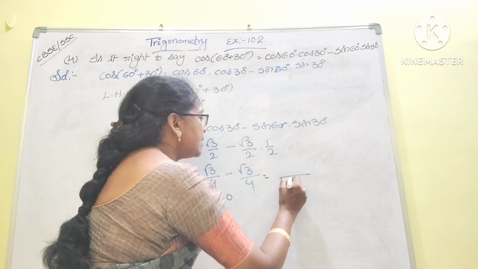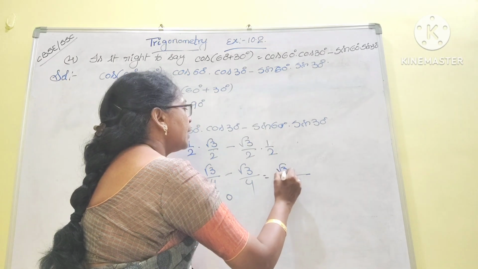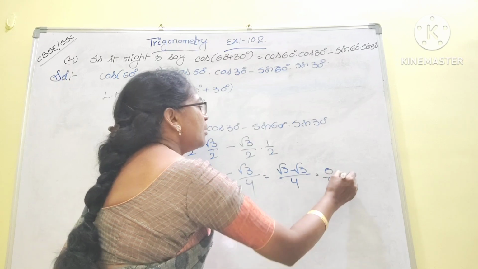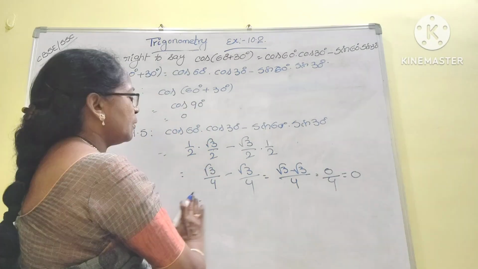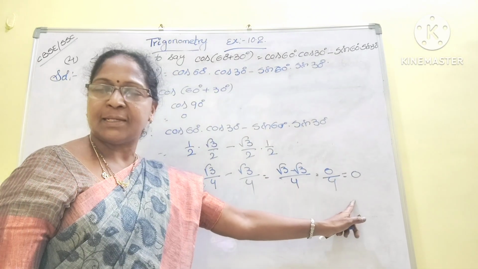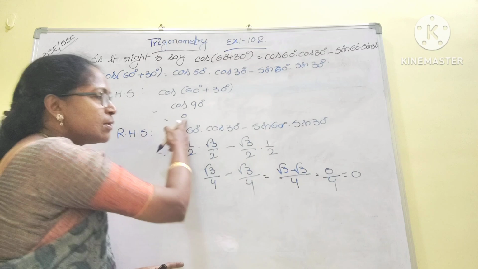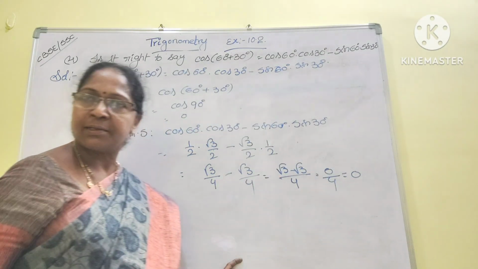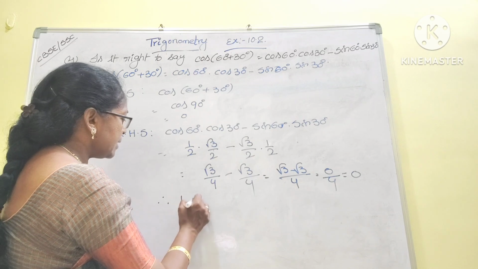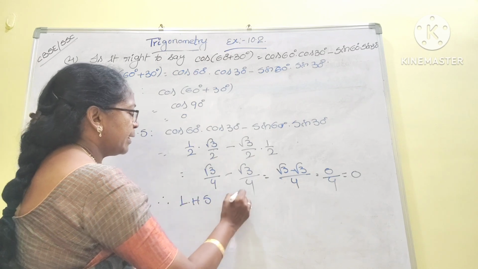Otherwise here LCM is 4. Root 3 minus root 3, that equal to 0 by 4. 0 by 4 is nothing but 0. Like that also we can write it. Extend the steps. Now here this value is also 0 and this RHS value is also 0. What you can conclude? So therefore LHS equal to RHS.